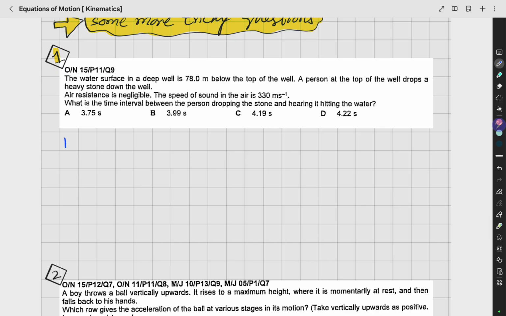I can give you the hint and you can solve it yourself, and then you can post your answer in the comments so that I can check whether you have done it correctly or not.